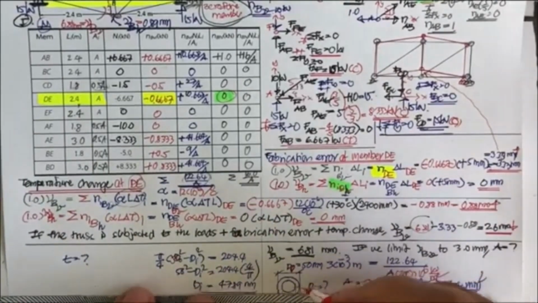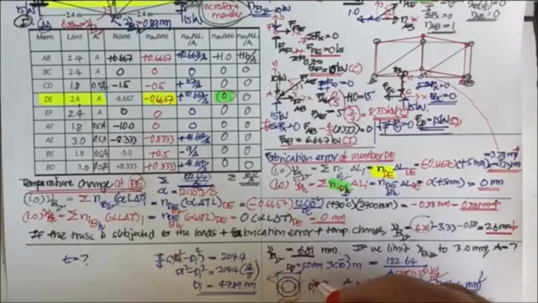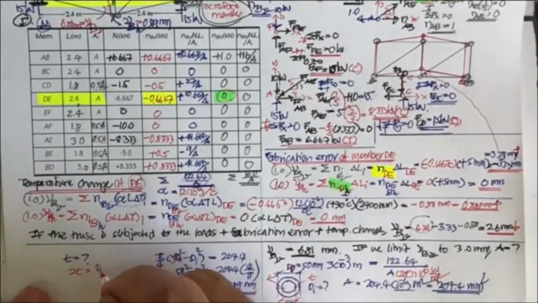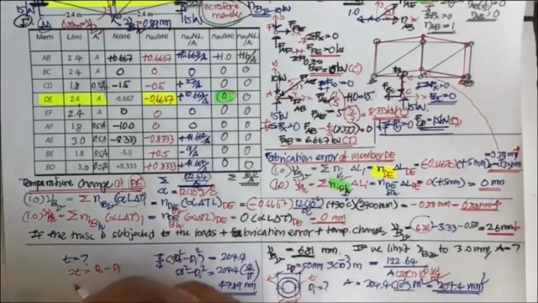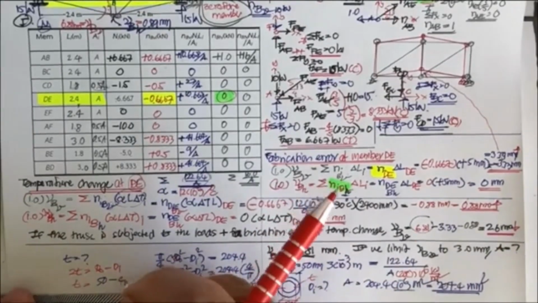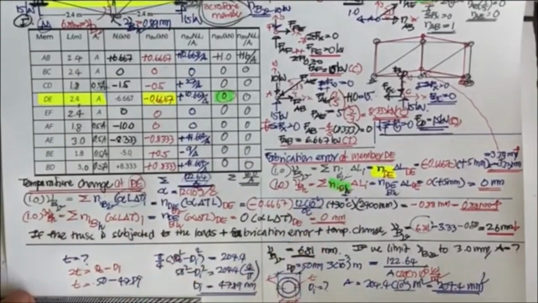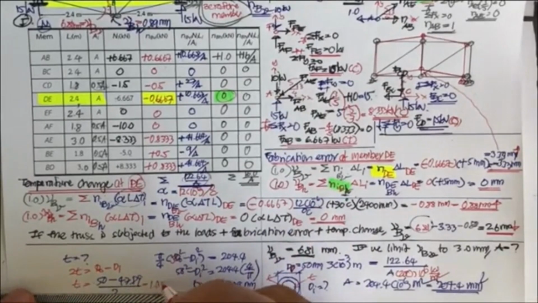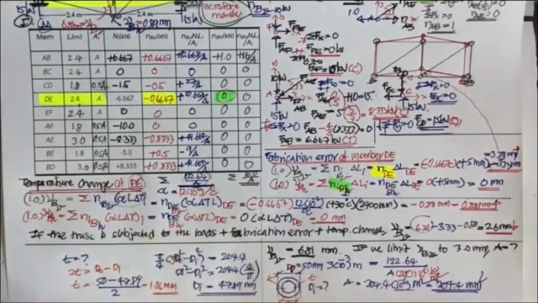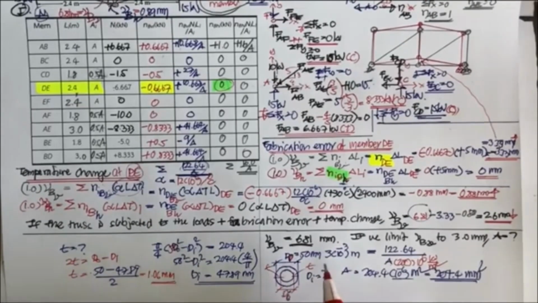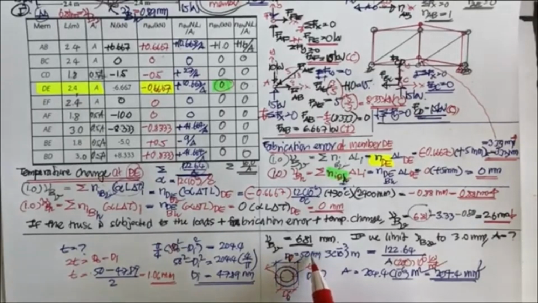You may see 2T equals D sub O minus D sub I. So your T is going to be D sub O, which is 50, minus D sub I, which is 47.89, and then divided by 2, so it's going to be 1.06 millimeter.